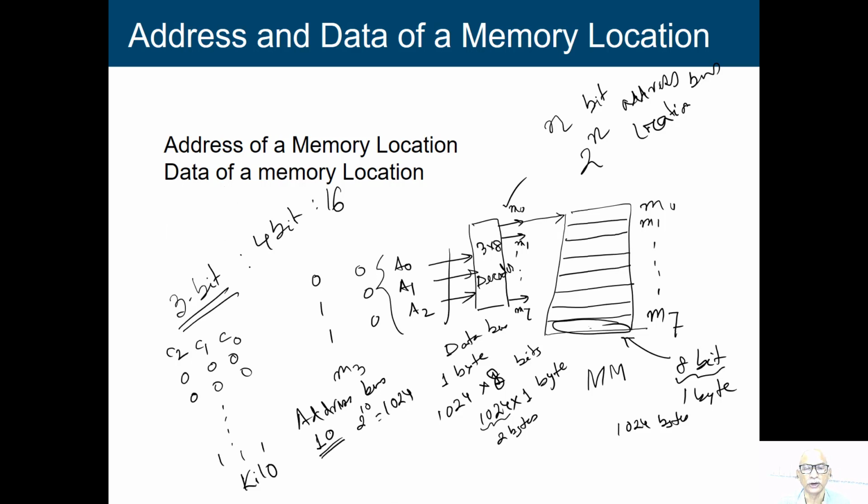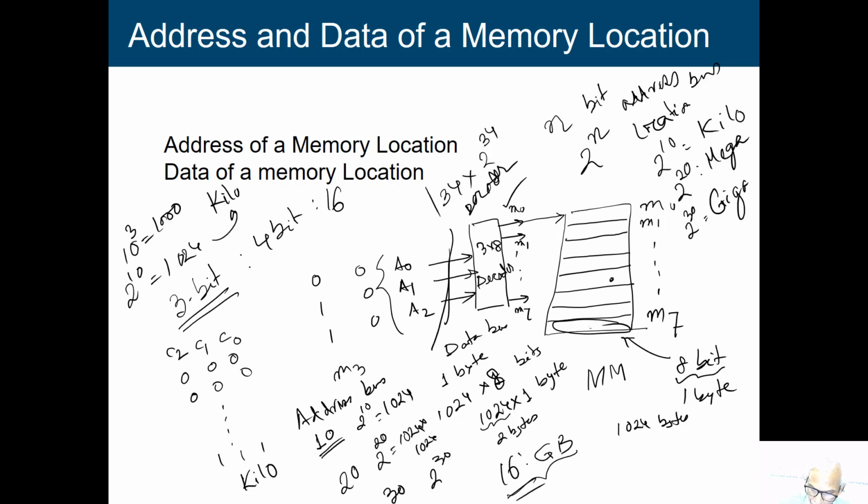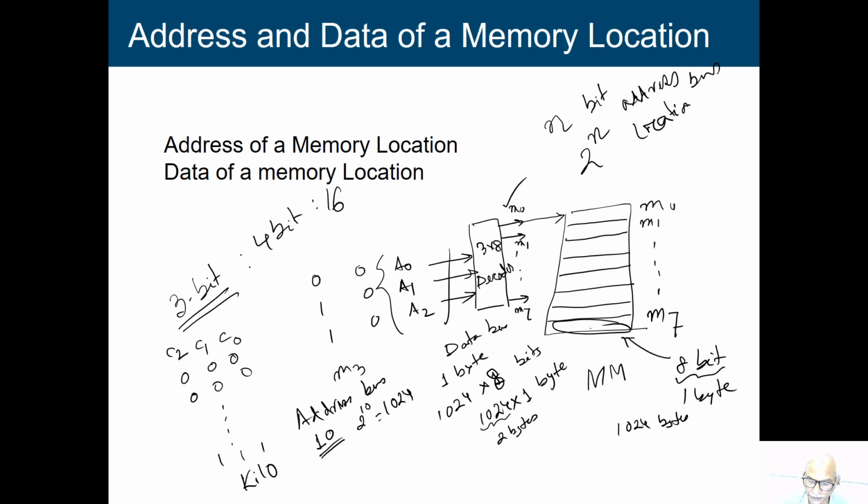Depending on the values of those address inputs, one of the output lines will be high, and that output line is going to identify that particular memory location. Now you have an idea about the address of a memory location and the data of a memory location.